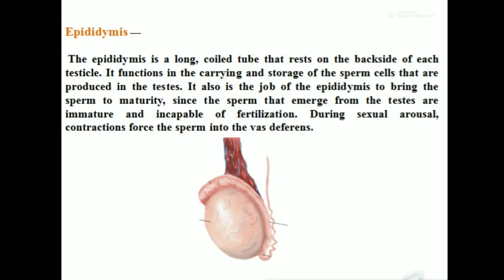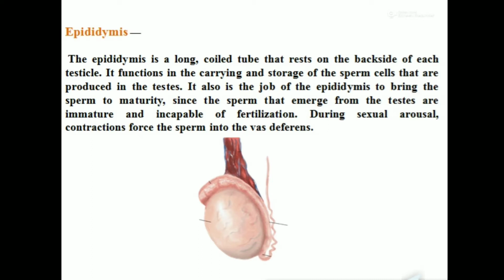The next structure is the epididymis. We don't see it as a coiled structure, we see it as a straight structure, but the epididymis is a coiled long tube, and it is divided into three parts.